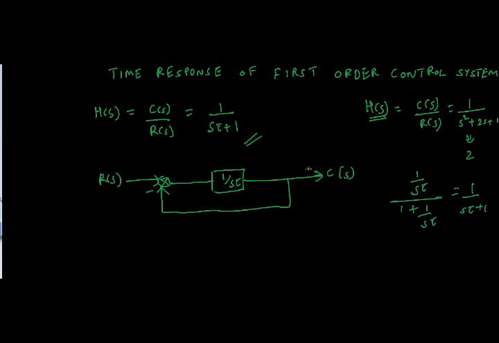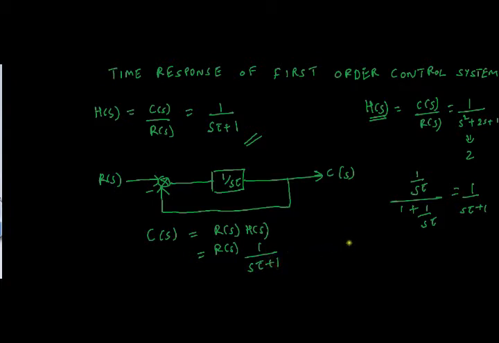Now let's see what the time response of this first order control system is. To do that, we need to have an input. Let's say the input is unit step function. Okay, so the output can be represented as C(s) is equal to R(s) into H(s). R(s) into H(s), where H(s) is 1 over s tau plus 1.